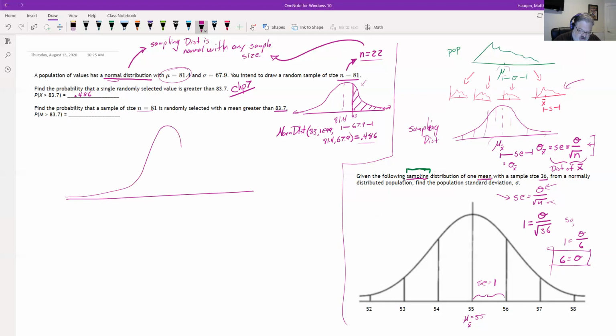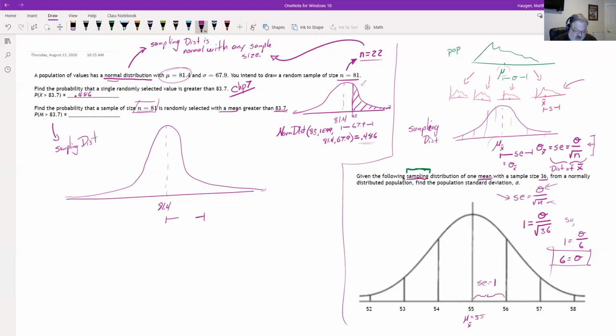The difference is, because it's an average of 81 values, that distribution is going to be much tighter than the individual values. So because this is a sampling distribution question, we're finding the mean of a sample size of 81. So our population here is a distribution of means as opposed to a distribution of values.